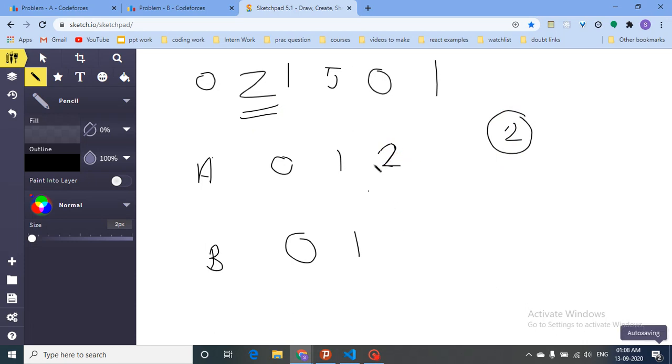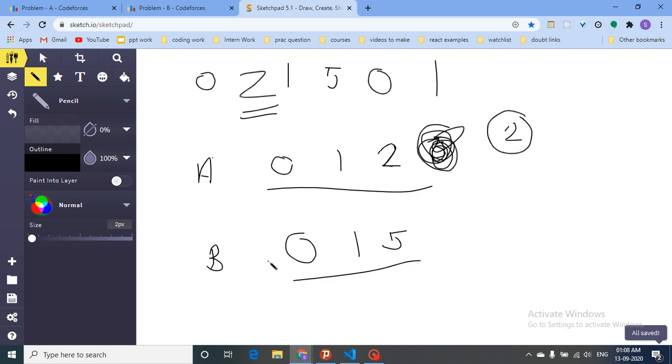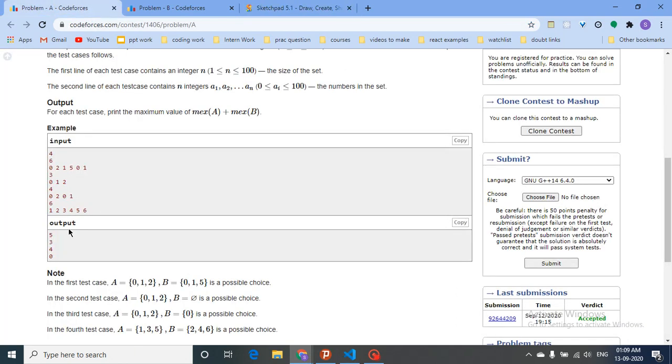Even if I put the 2 in this set or the 5 in the other set, it doesn't matter; the MEX of this will become 3, because that's the next smallest value not present in this set after 2. So let's assume I put the 2 in this set and the 5 in that set. The smallest value not present in this set is 2, and in this set is 3, and the answer is 5. You have to add both of the MEXes, as you can see.